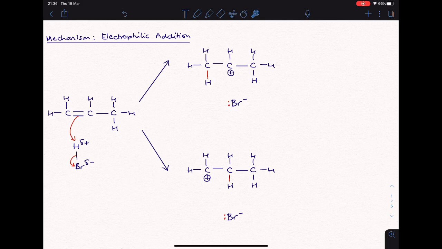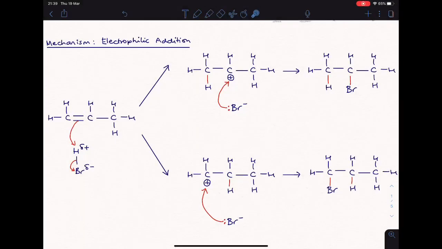Those are going to attack the positive center on the carbocation. So now we have two possible products, which are structural isomers of each other, and we're going to use Markownikoff's rule to tell us which one of these will be in more abundance, because one of these will be produced with a higher yield than the other.